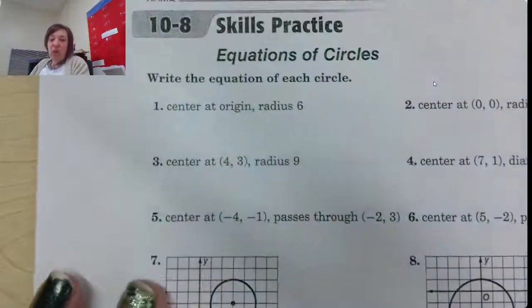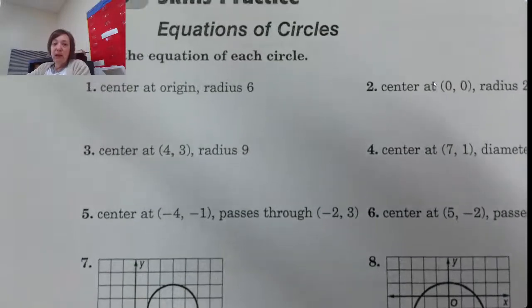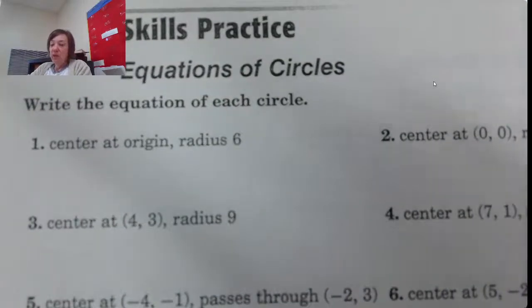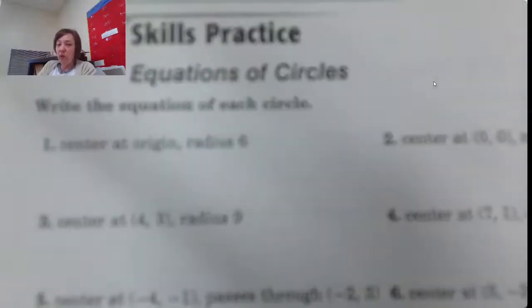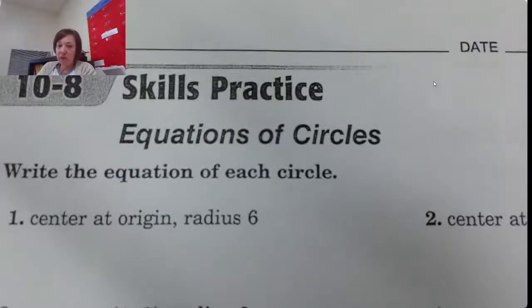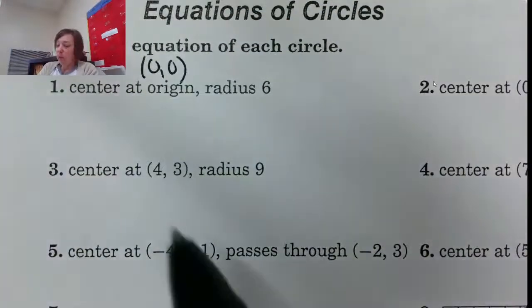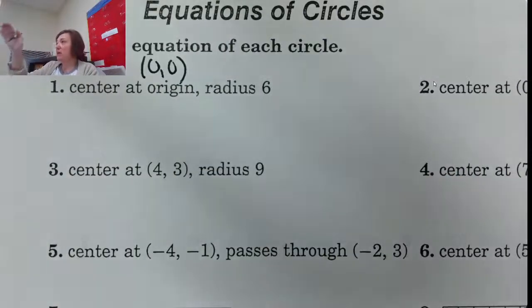Okay, so if we look at number 1, it says the center is at the origin, right? And the radius is 6. So if the center is at the origin, what is our center point? Like, what's our x and y values? (0, 0), right? So if that's our center, then when we write it, it would be x minus 0 squared.